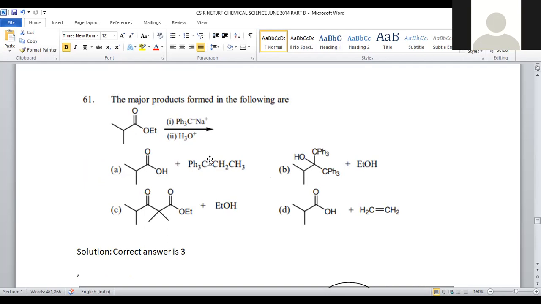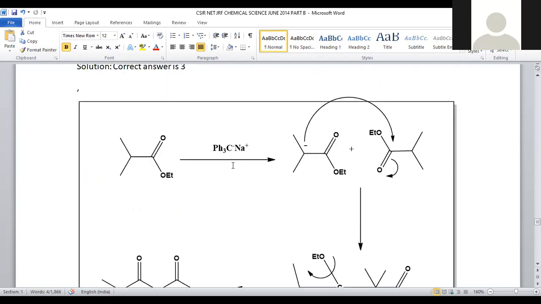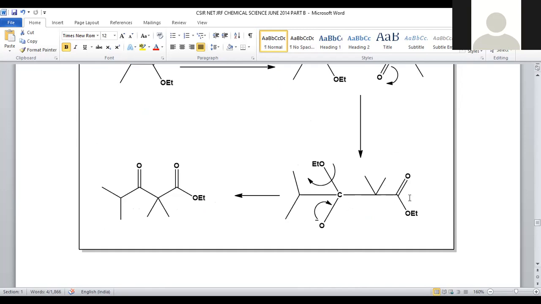This is a kind of Claisen condensation reaction where this triphenylmethane salt will facilitate the reaction where a carbanion will be originated. The generated carbanion will be treated with another mole of ester. The second molecule of ester will be treated with this one, so that the carbanion will be bonded to the carbonyl functional group, so that we will get a new carbon-carbon single bond.